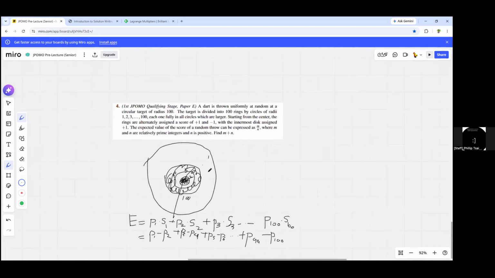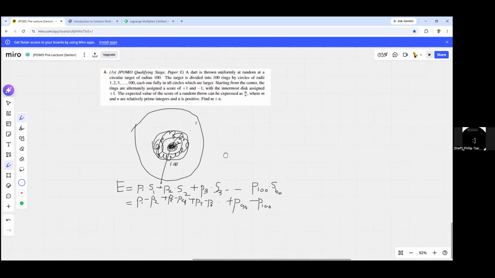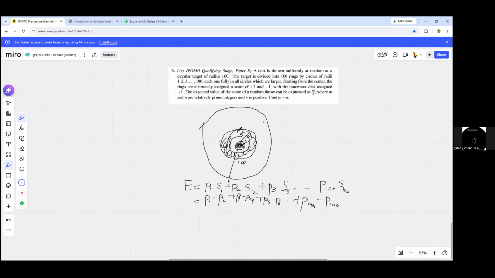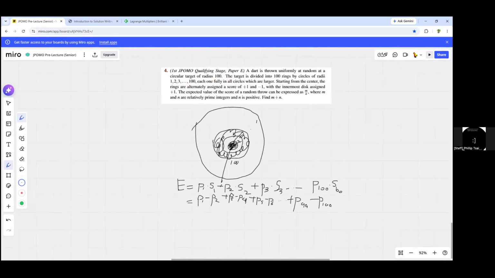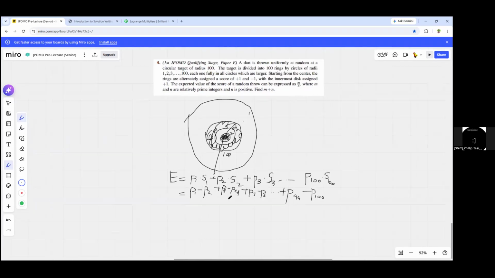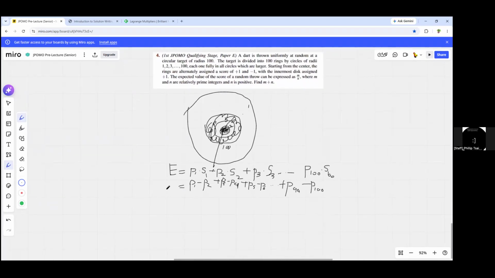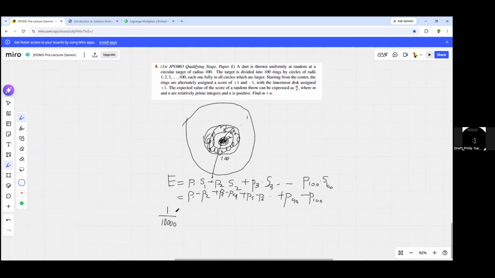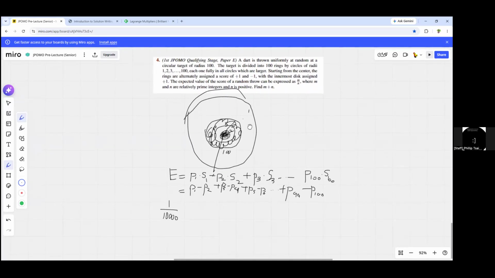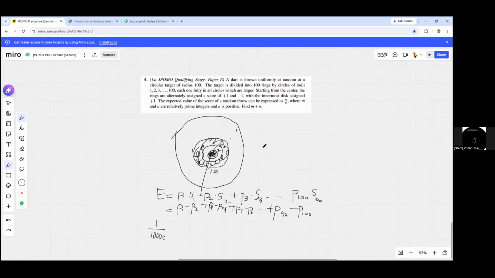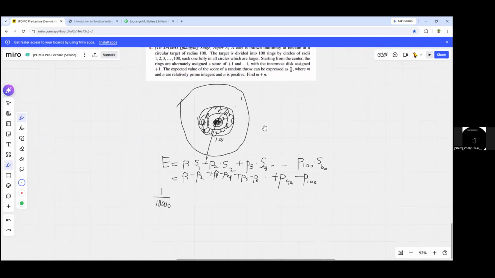So here, the probability of hitting ring one, which is the innermost circle, is 1/10,000, because 10,000 is the area of the whole target. That's the probability of that.